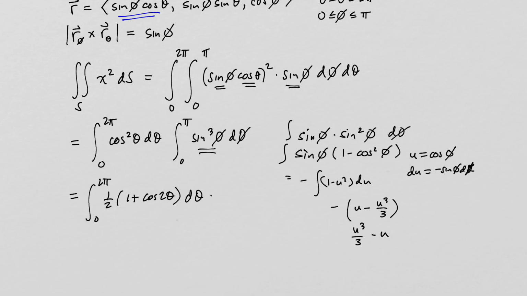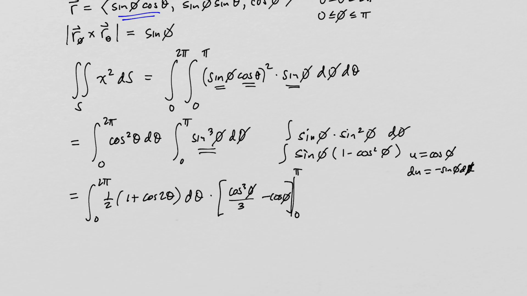And then we'll simply put the u back in, which was cosine of phi. Okay, so that integral there, once it's all worked out, is going to be cosine cubed of phi over 3 minus cosine of phi. And then we're going to evaluate that from 0 to pi. So let me go ahead and get all this out of the way.